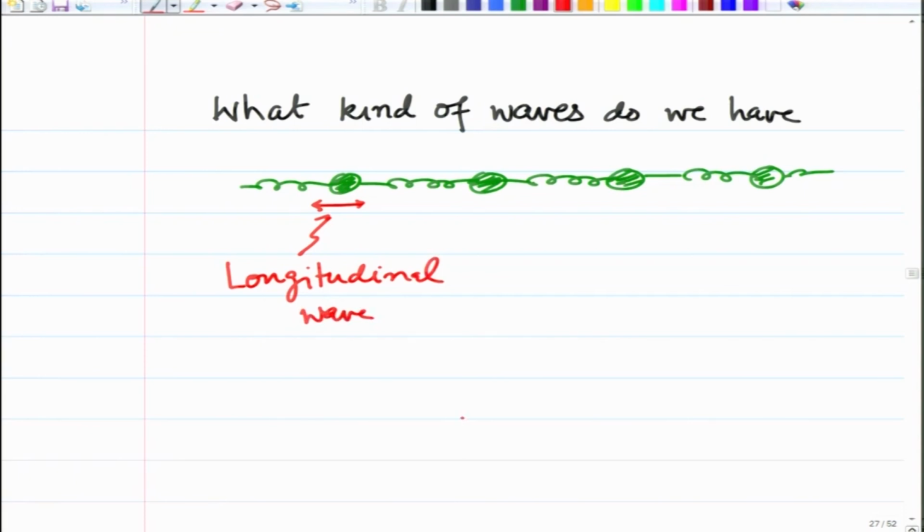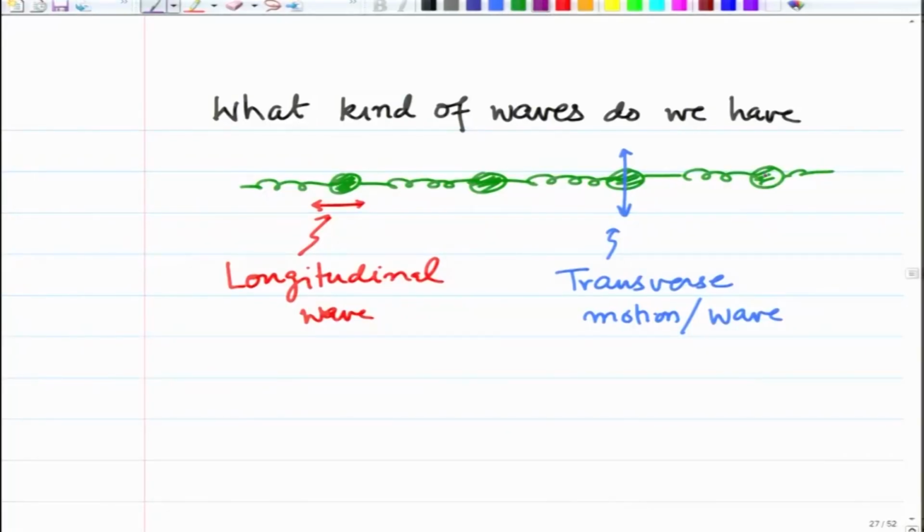I can also have the atoms oscillating perpendicular to the direction of the chain, and this would be transverse motion or transverse wave. Transverse direction, it can be in two directions. One is what I have shown in the plane of the screen. The other displacement could be perpendicular to the screen. So, this is also transverse. So, I could have transverse or longitudinal waves.